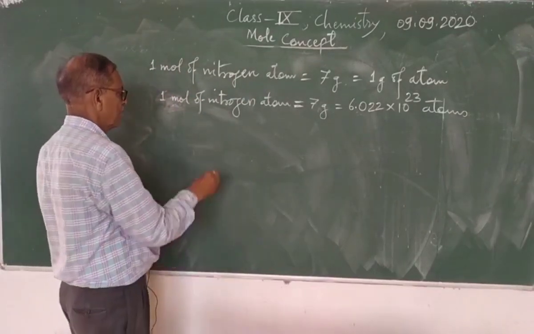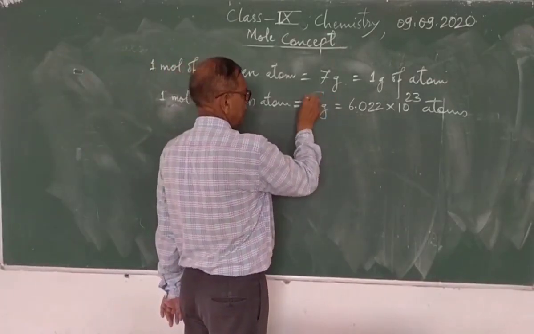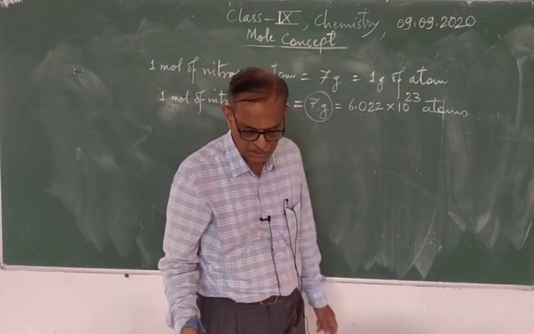Clear? So 1 mole of nitrogen atom has mass 14 gram.